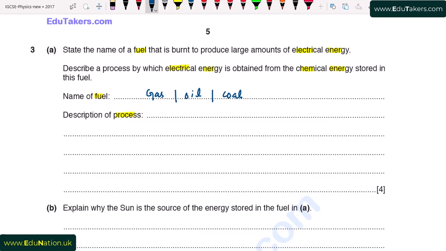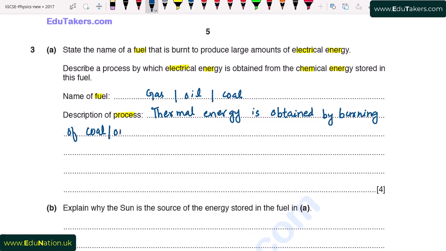So I write here thermal energy is obtained by burning of coal, oil or gas. Heat energy is used to produce steam.